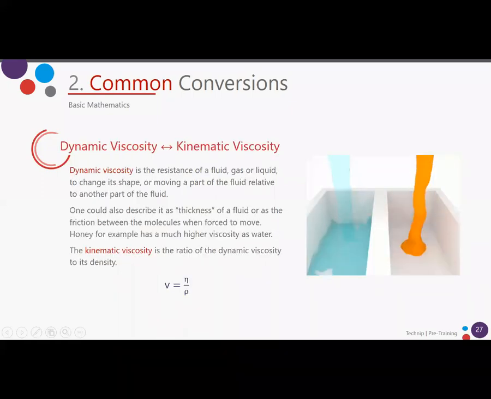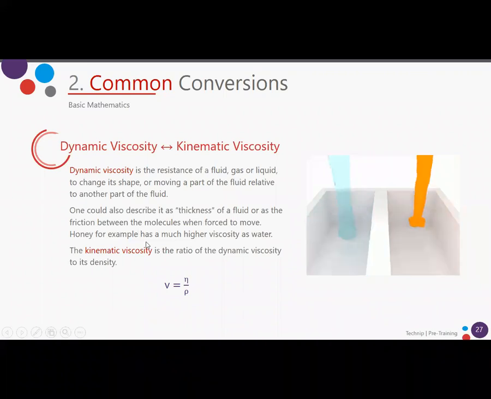So, conversion between dynamic viscosity and kinematic viscosity. First, a short definition. Dynamic viscosity is the resistance of a fluid, gas or liquid, to change its shape or moving a part of the fluid relative to another part of the fluid. One can also describe it as thickness of a fluid or as the friction between the molecules when forced to move.